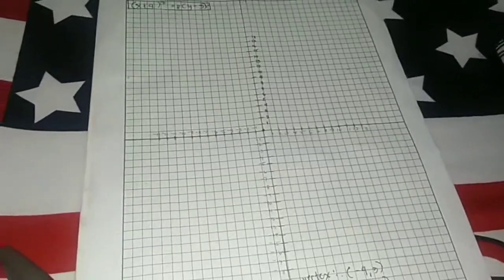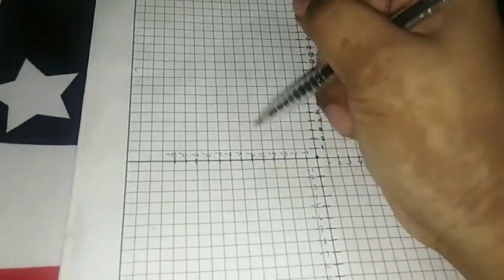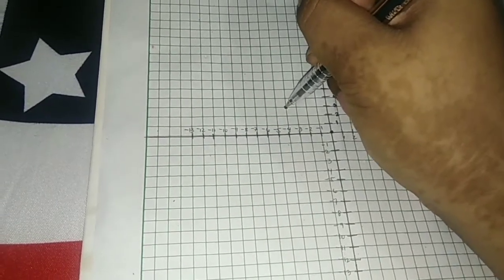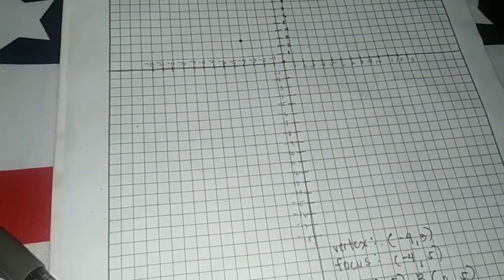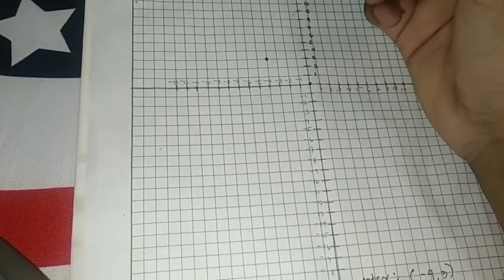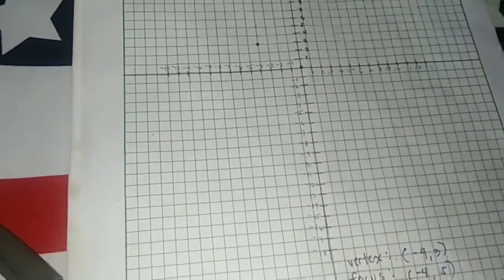So, here is our Cartesian plane and that is our equation with the parts that are already solved. So, lock na natin yung vertex niya, yung negative 4 and 3 which is nasa quadrant 2. So, negative 4 and 3 nandito siya. And the next one is the focus, which nasa negative 4 and 5. So, since ang ating distance is 2, so 1 and 2, kaya nandun siya sa 5.